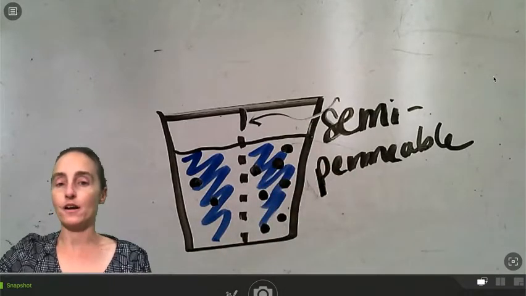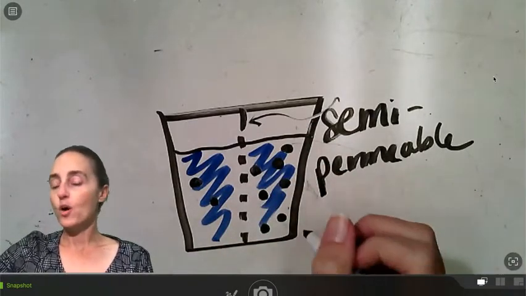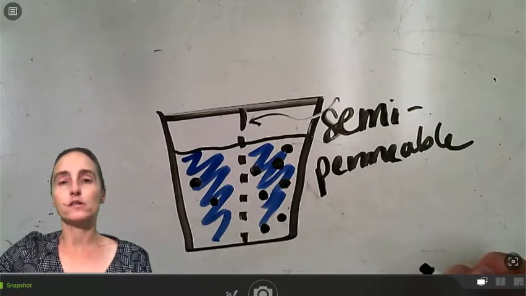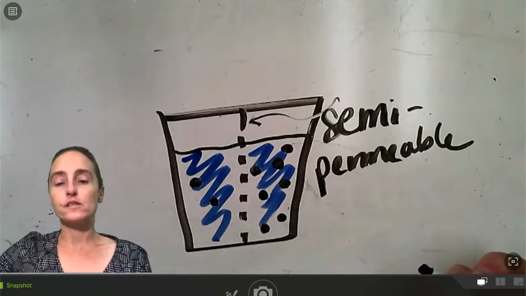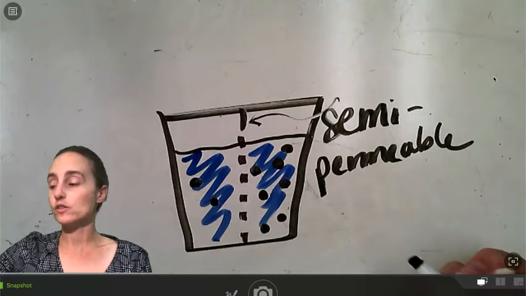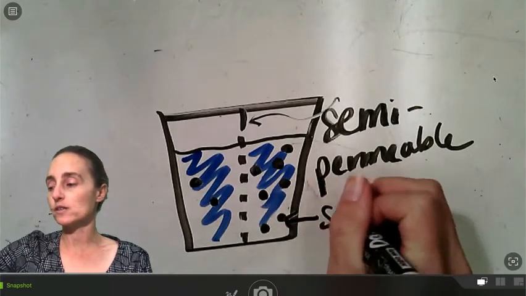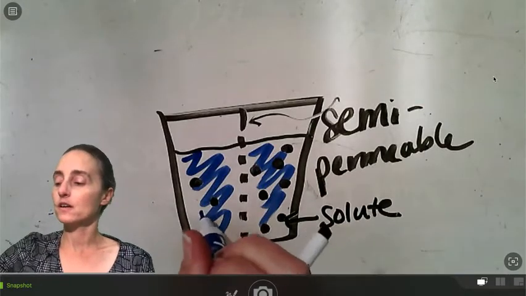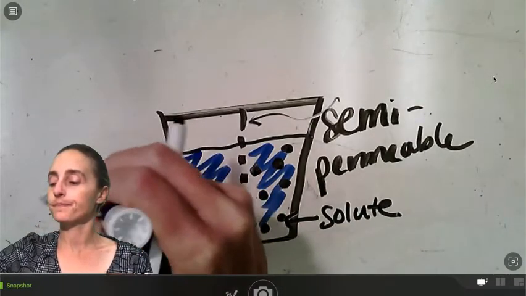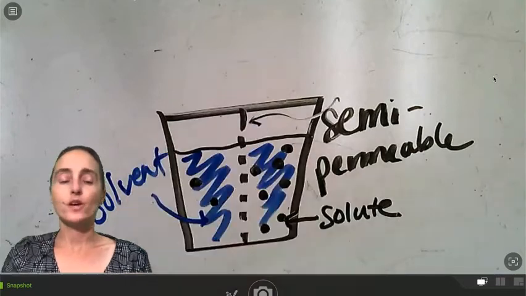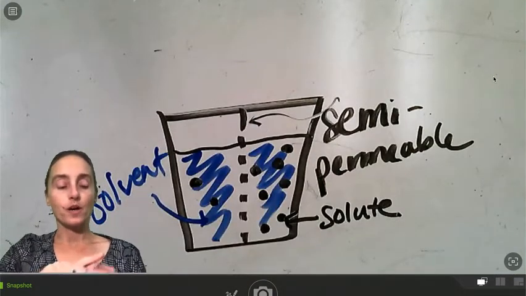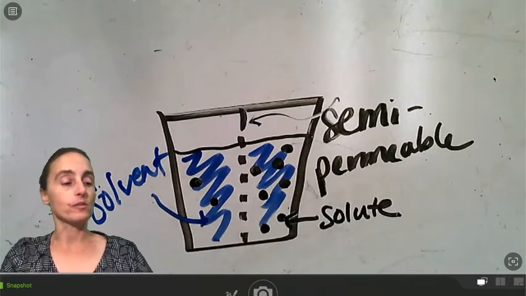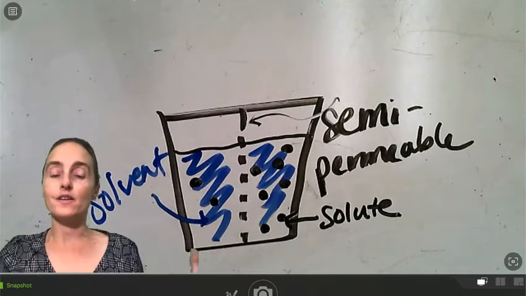What's going to happen here? Well, first of all, what is the solute and what is the solvent? The solute is sugar, that's right. And the solvent is the water. The water has dissolved the solute to make a solution, but it's not equal.